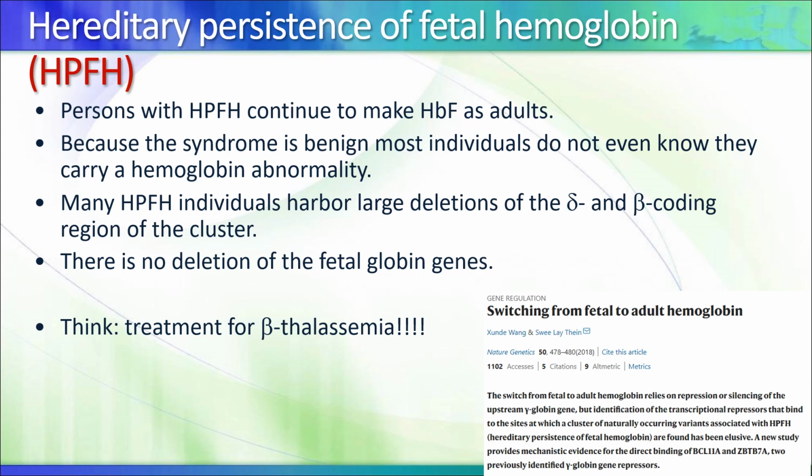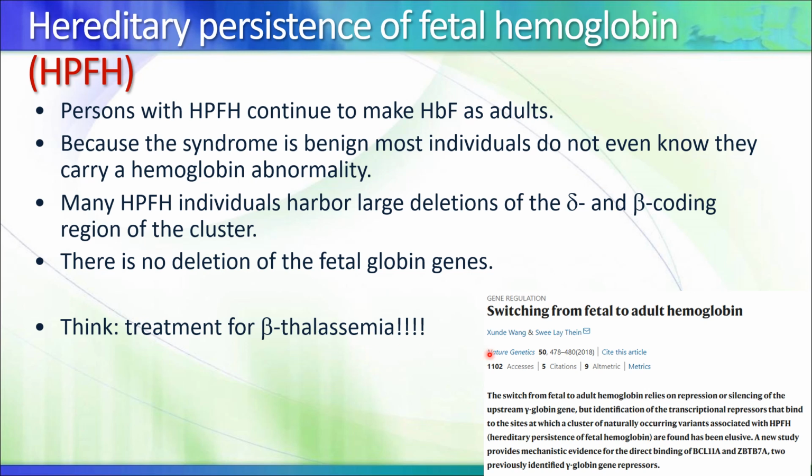these individuals. Now, the beauty of this, remember when we talked about genetics of the globin synthesis? Well, I gave you a hint that this can be used as a treatment for beta-thalassemia. Individuals who do not produce any beta globin, why don't we let them produce gamma globin?